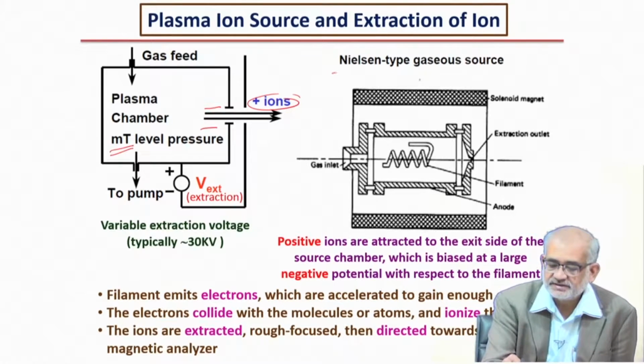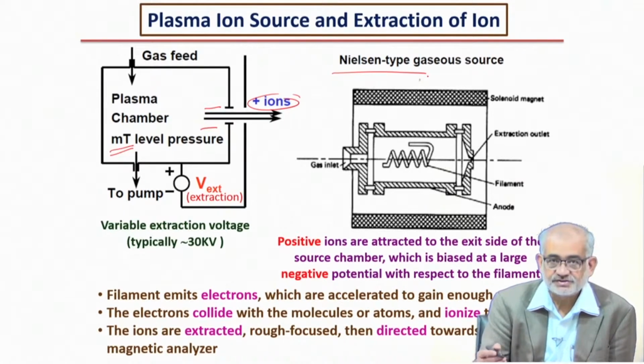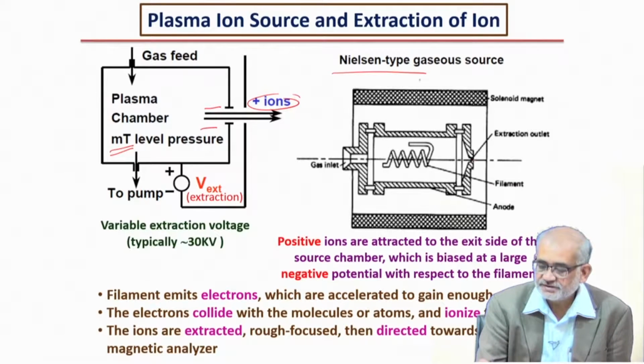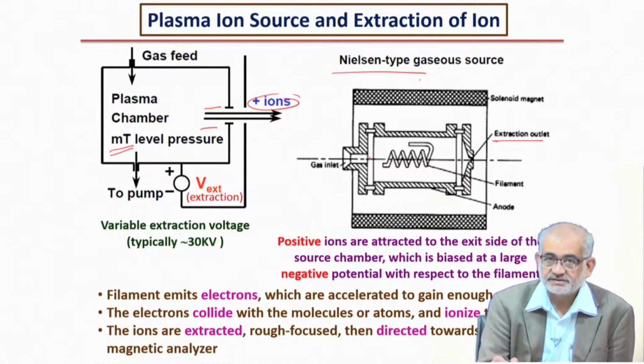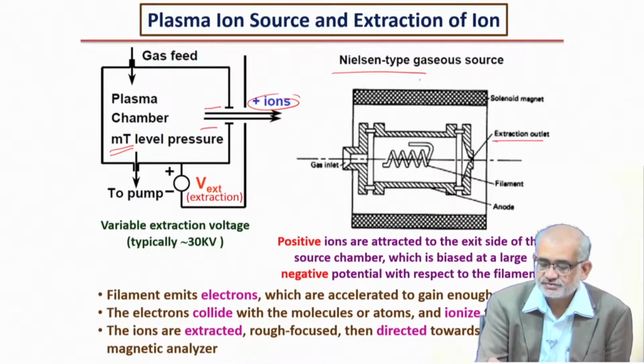So this is a typical Nielsen type gaseous source in which you can produce these ions of desired nature, and then through this narrow orifice you extract the ions that you want. It could be a filament like this, or maybe some other excitation source through which you can make the ion.